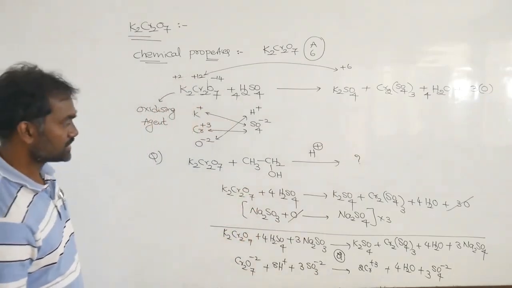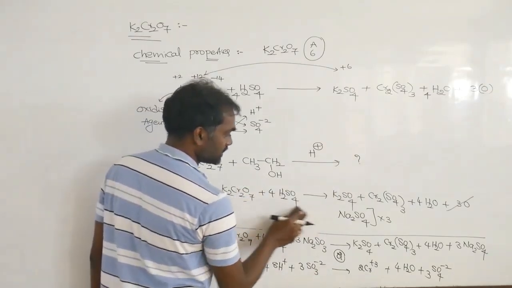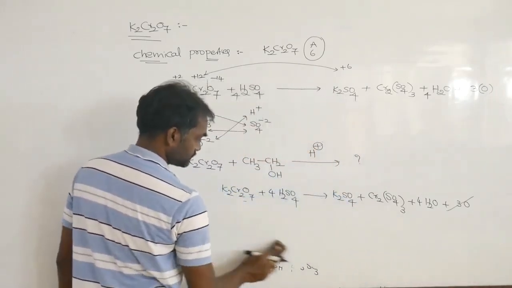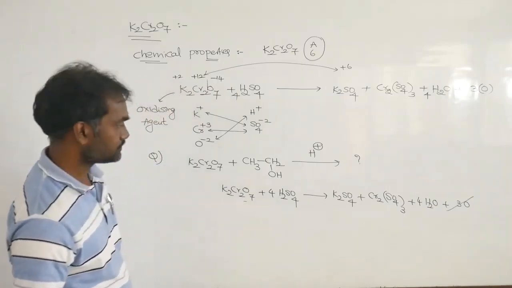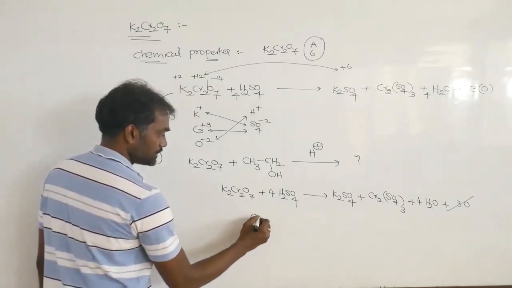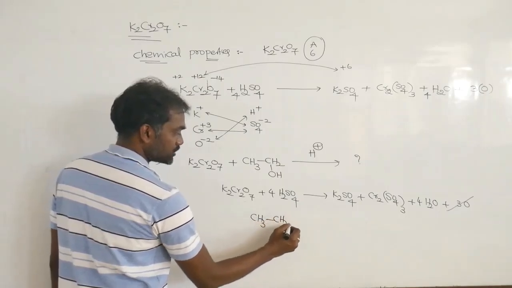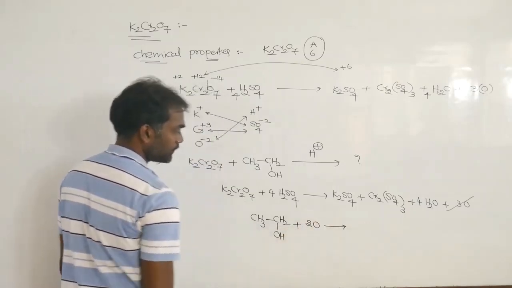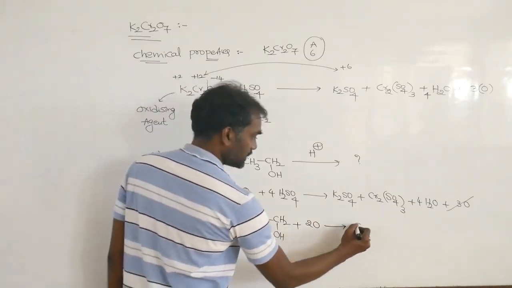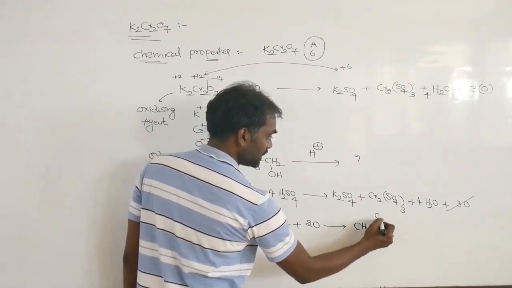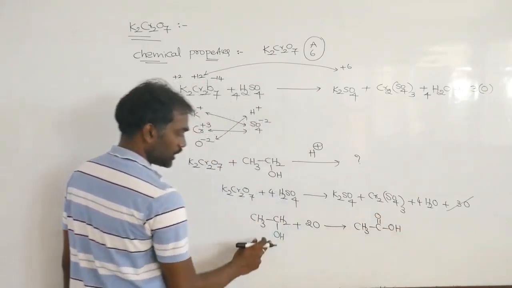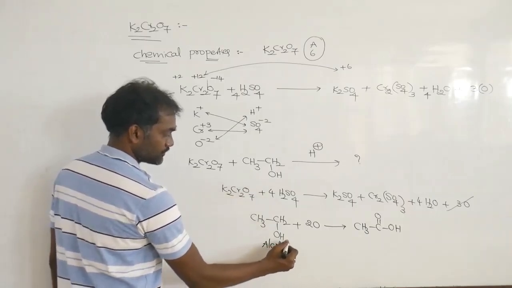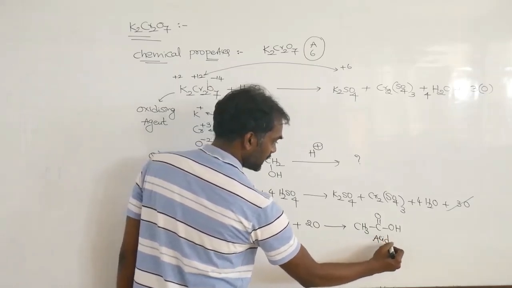So first of all, the basic equation you must write. CH3CH2OH taking two oxygens, you are getting CH3COOH. So alcohol becomes acid.